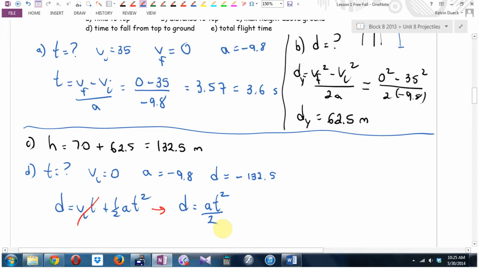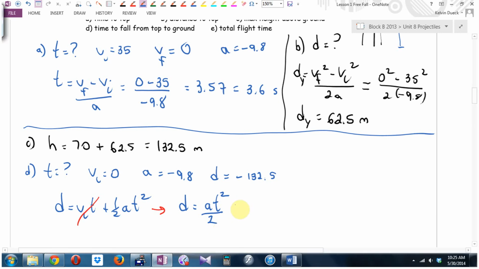What am I trying to find? How would I get the T by itself? What would I do with the A? Divide. What would I do with the 2? Times. What would I do with the squared?